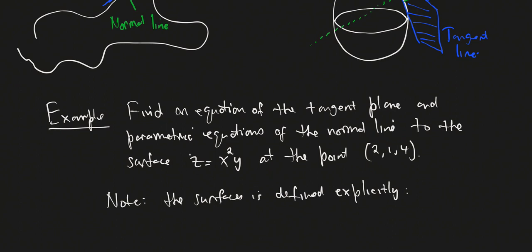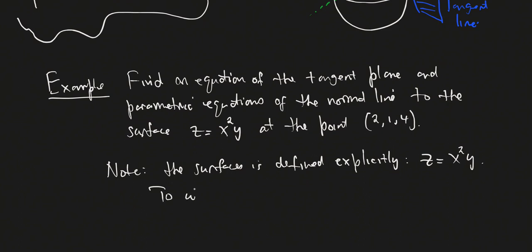So we don't want the z isolated on one side. We want all our variables on one side and then a constant on the other side. So here again is the explicit form, right? So to utilize this property of the gradient, the required property of our gradient, the surface needs to be defined implicitly, right?